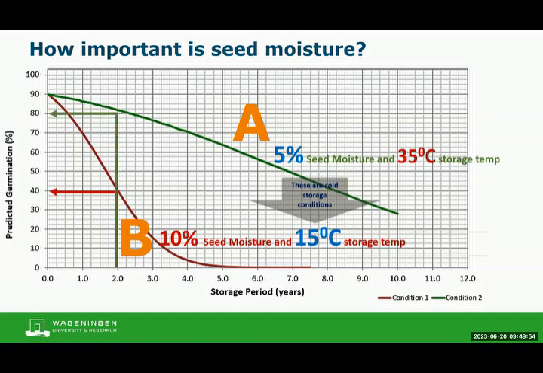When we store the seeds under ambient conditions, but dry them from 10% to 5% moisture content, the viability after 2 years drops only from 90 to 80%. So everything depends on this drying.